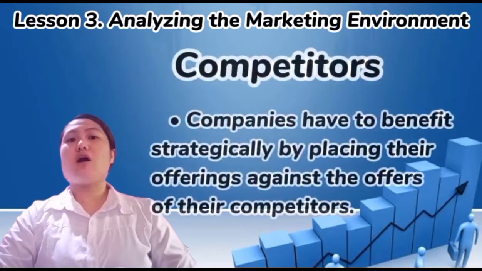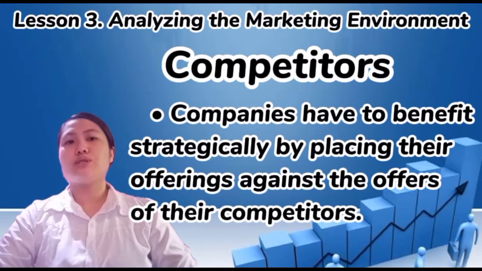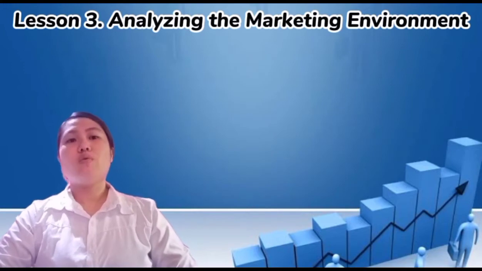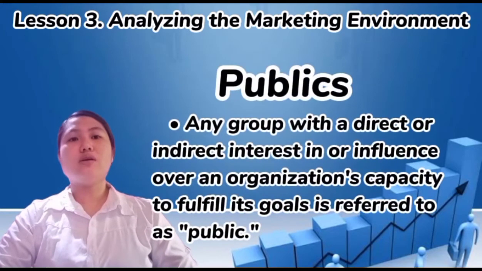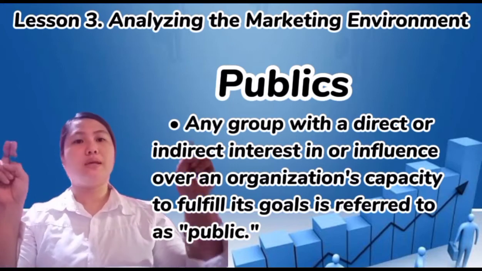The third is competitors. Companies have to benefit strategically by placing their offerings against the offers of their competitors. Then lastly is publics. Any group with a direct or indirect interest in or influence over an organization's capacity to fulfill its goals is referred to as public.